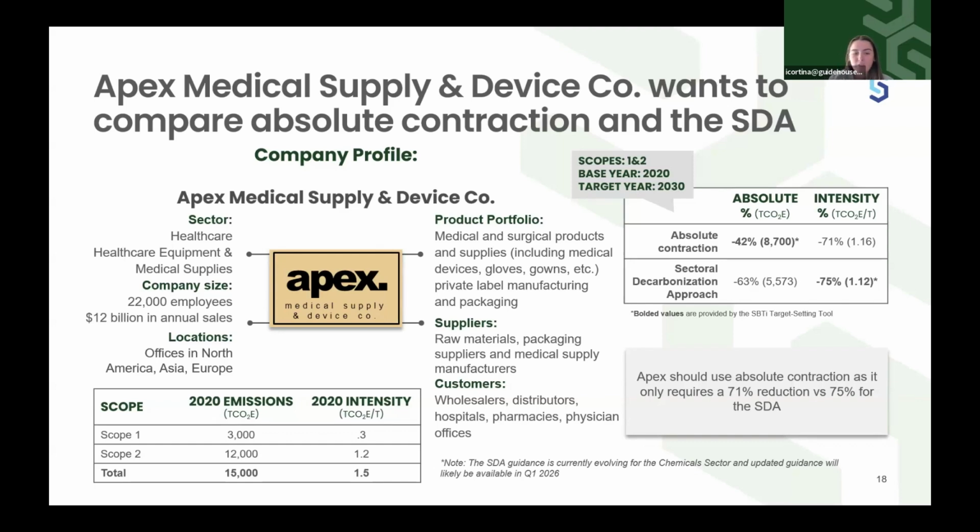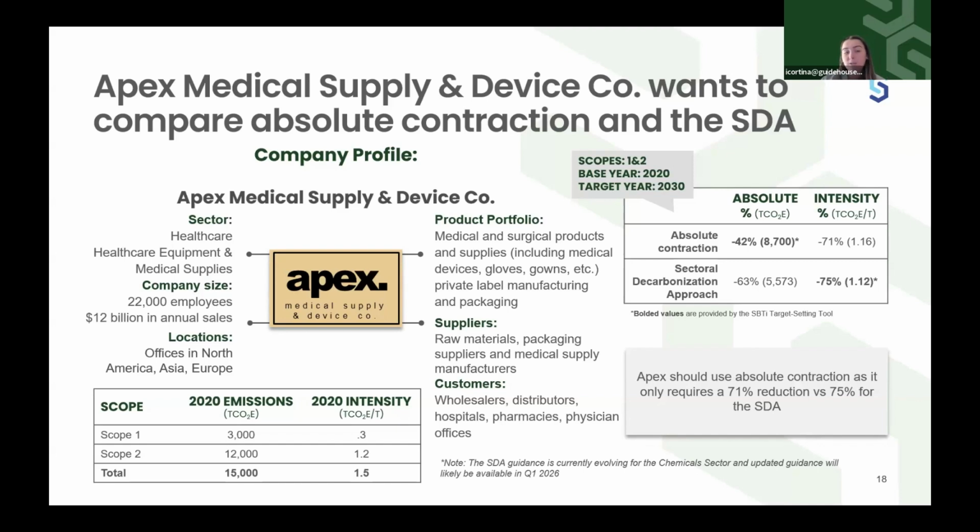So since they have the option to set either an absolute reduction target or a sectoral decarbonization approach and reduction target, which would be more of an intensity target, we want to look at how those can be compared. So in the table on the upper right, you can see both an absolute contraction approach and a sectoral decarbonization approach.